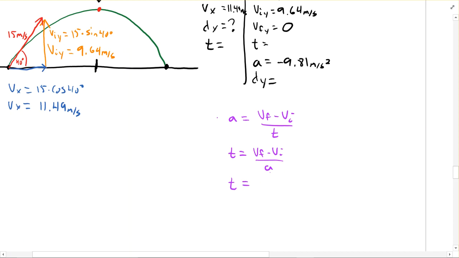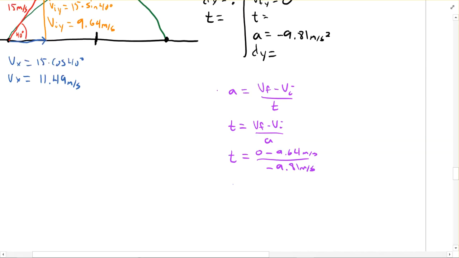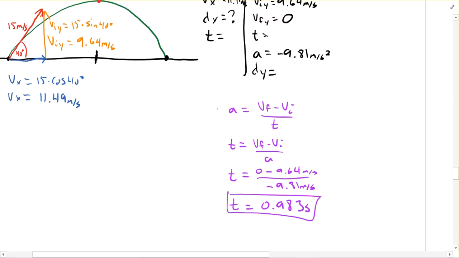So t is equal to 0 minus 9.64 divided by negative 9.81 meters per second squared. And that's going to be 0.983 seconds. Okay, so I got my time figured out.